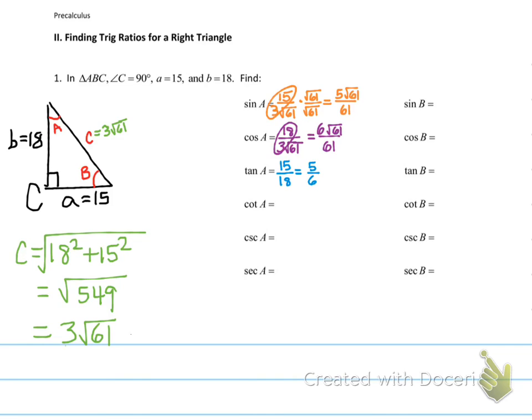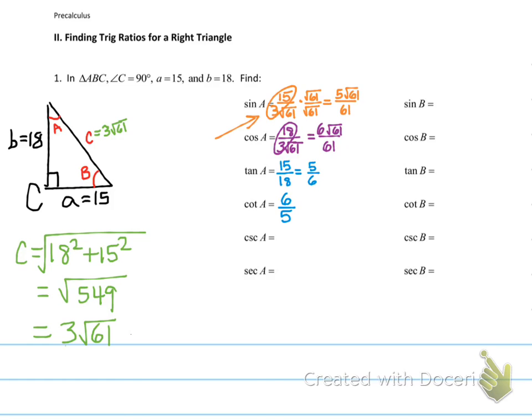All right, so now we're going to go back with all the angle A trig functions, and we're going to do the reciprocal of these. So cotangent is 6 over 5. Now cosecant is 1 over sine. Now what we have to remember is we rationalized sine, so I don't want to use this final answer and flip it, because then I have to rationalize it again. I'm going to actually use the very beginning ratio we had and then flip that.